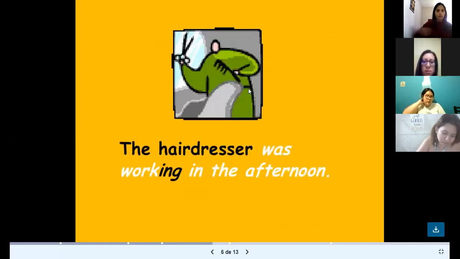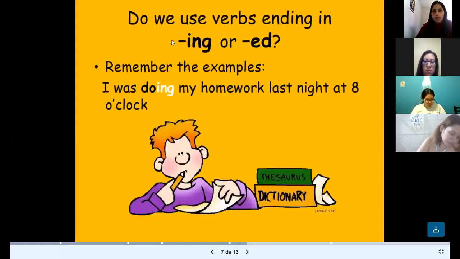Okay, for example here, another example, Emerson. The hairdresser was working in the afternoon. All right, very good. Okay, now, do we use verbs ending in ing or ed? Remember the examples. What are the examples? Lenny, help me, please.